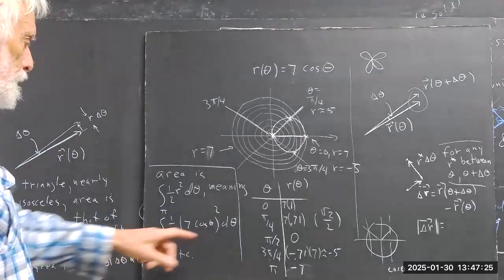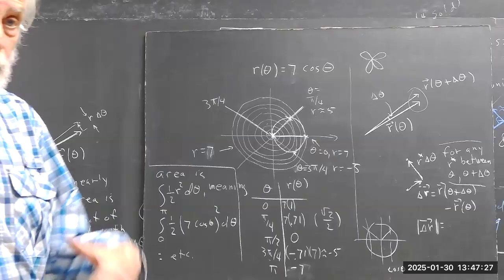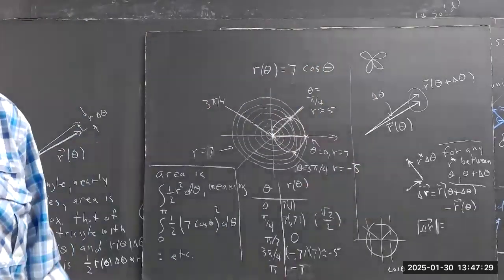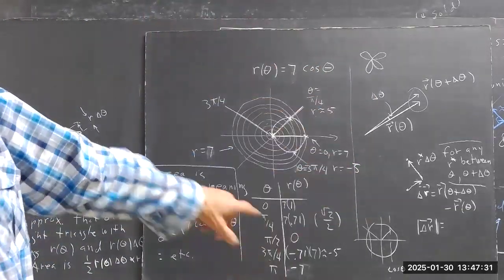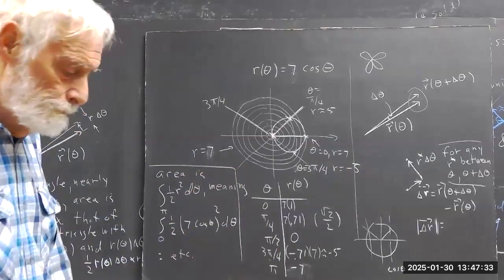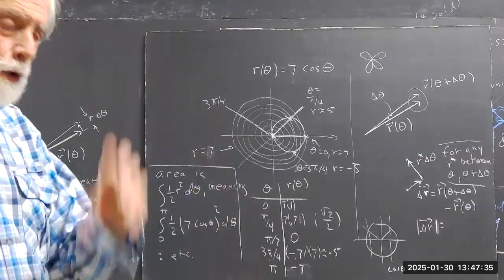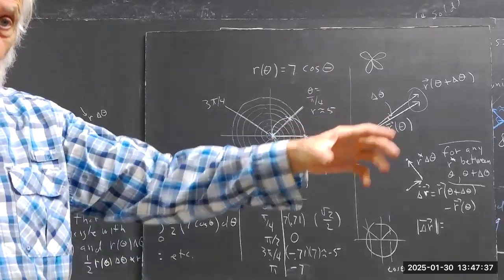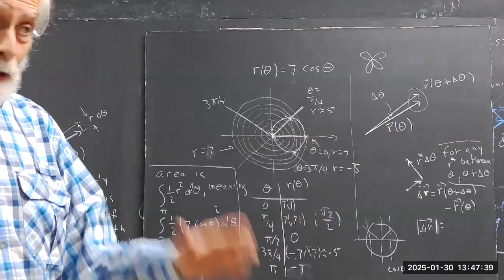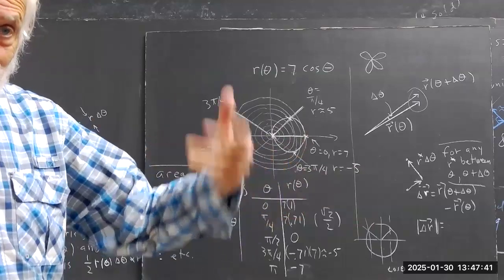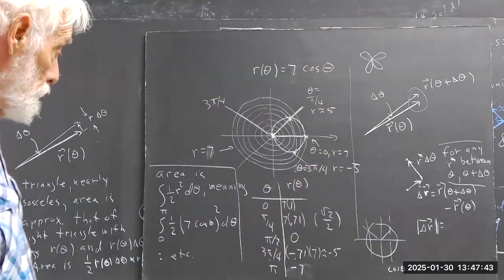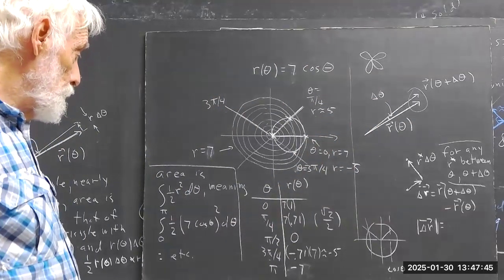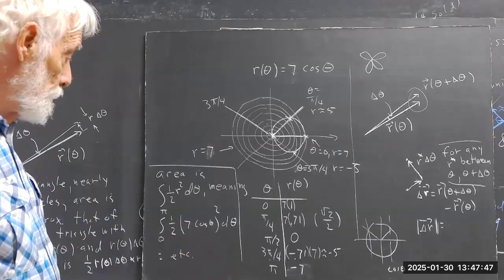And you've got to integrate cosine squared theta, which you're going to do using the double angle form, since cosine squared theta is closely related to cosine of 2 theta. Take that relation, solve it, and you can integrate the cosine squared.